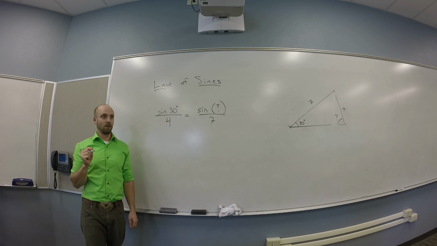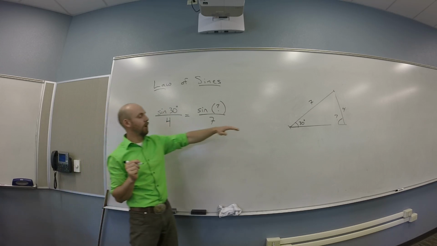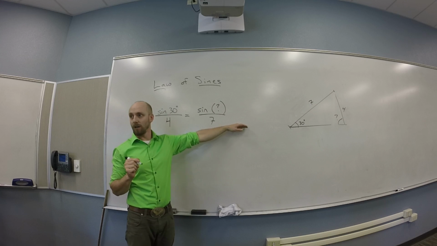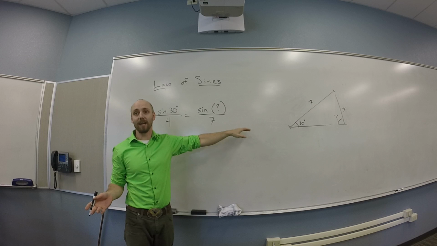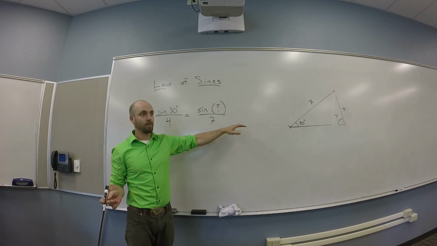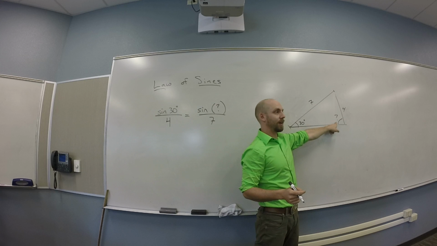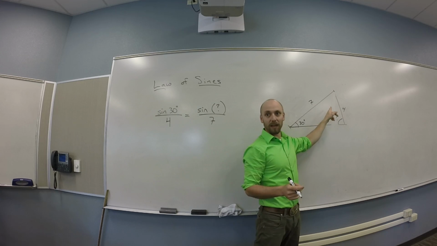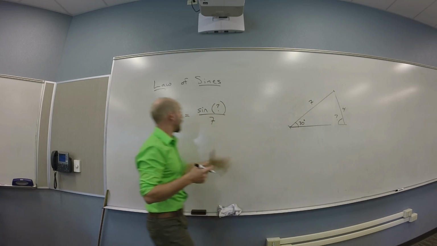So why don't I have the third part of the law of sines here? You don't need it, because I don't know anything about it, and I don't need it right now. I'm going to need to find that angle, and then I can use the fact that the angles sum to 180 to get this other one.